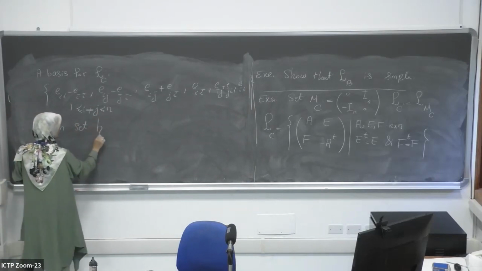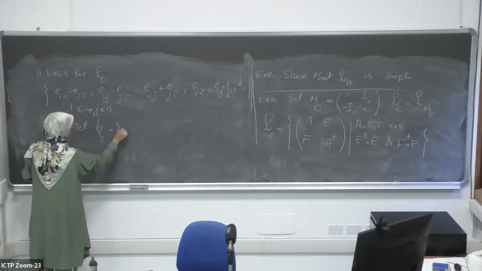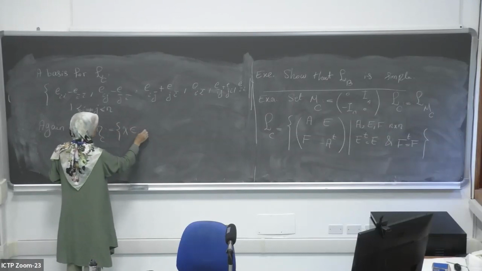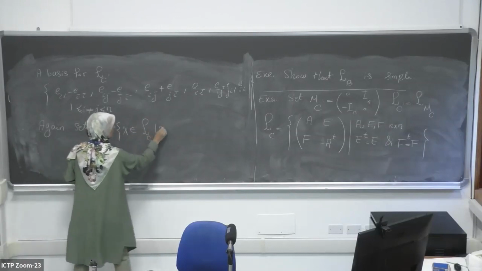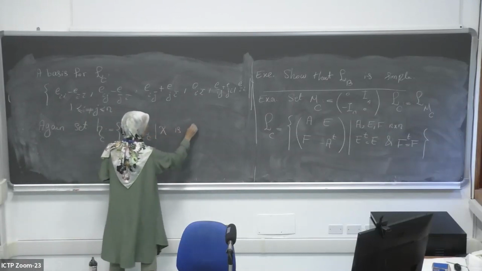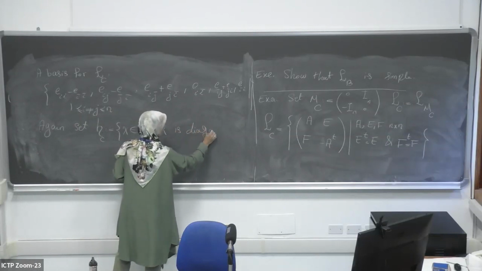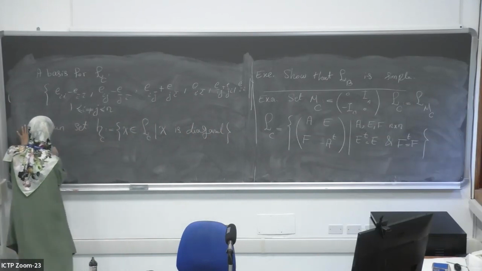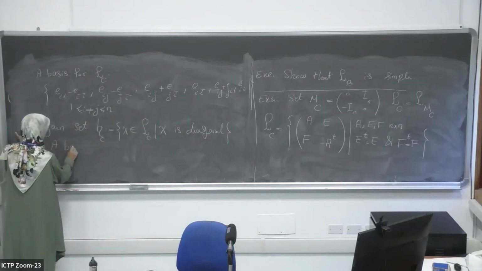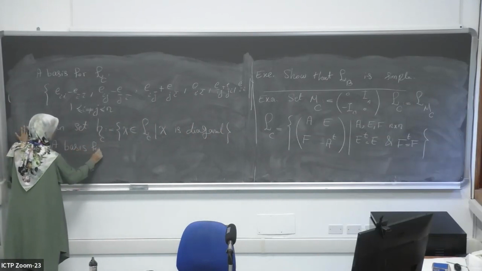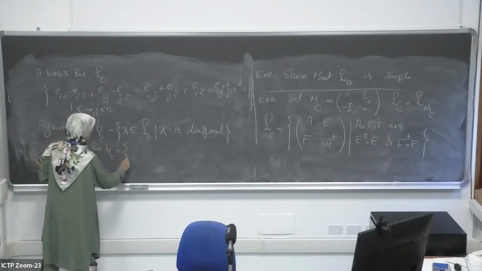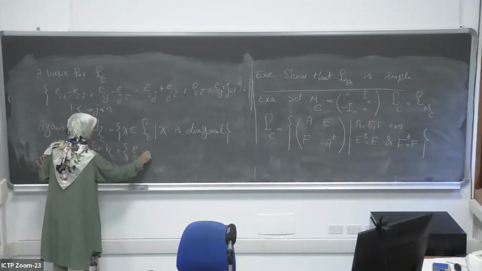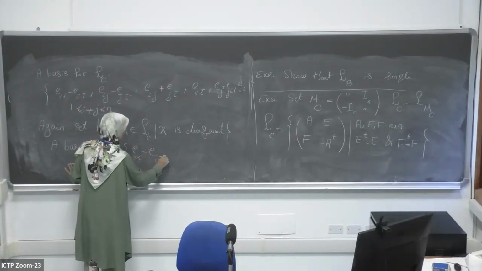Again, set H_C to be X belongs to L_C such that X is diagonal. So a basis for H_C is just E_ii minus E_ī ī.